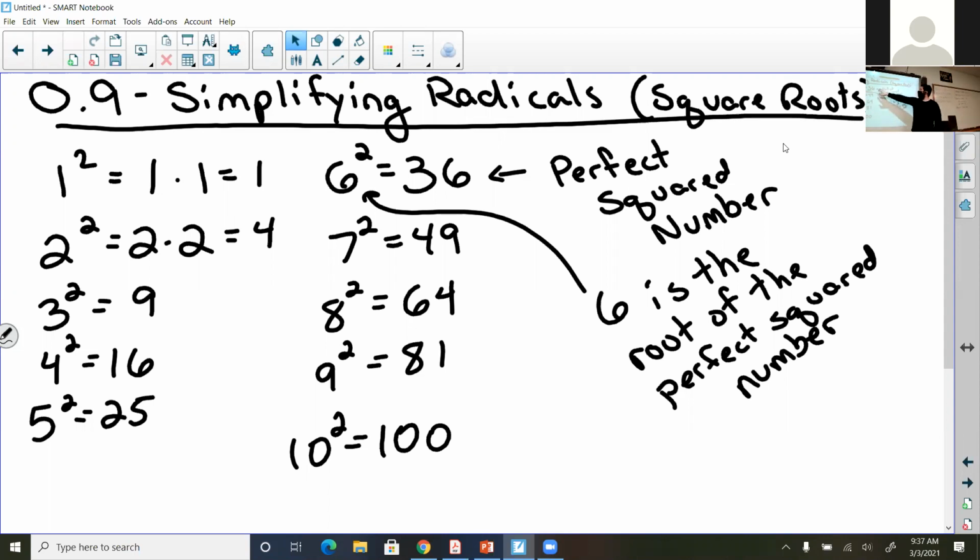We can say that the 36 is a perfect squared number because 6 times 6 is 36. And we can say that 6 is the root of the perfect squared number. So what is the square root of 36? Well, its square root is 6 because we had to square the 6 to get to 36.